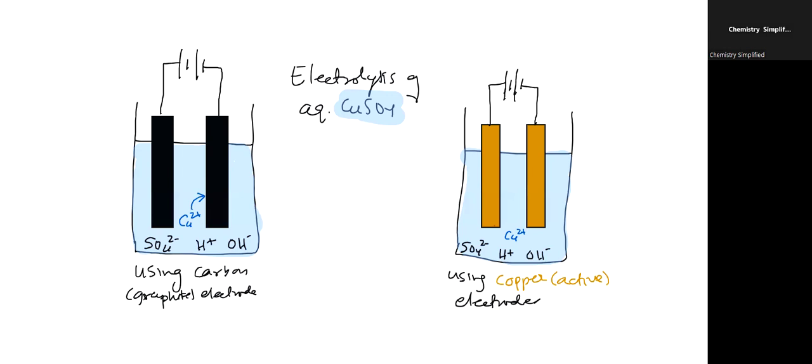The reaction at the cathode, which is the negative electrode, and this is the anode, will be copper ions gaining electrons and forming copper, which is a red, brown, or pink colored solid. So the coating of copper will be the observation here. So at the cathode copper is deposited when the electrode is inert.